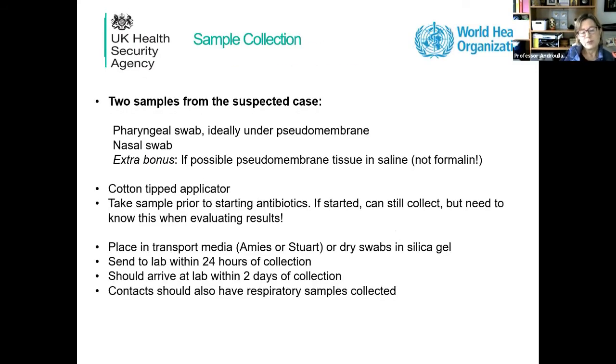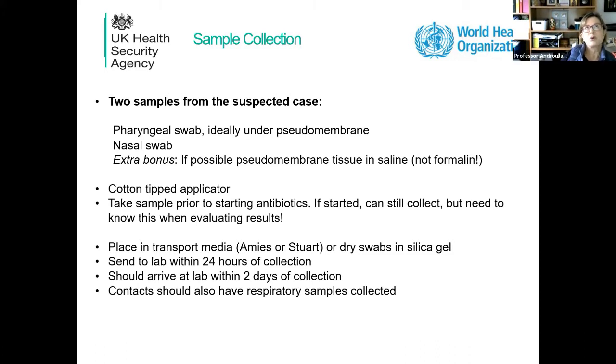If we start from a suspected clinical case, normally 2 samples are collected from the case: a pharyngeal swab, ideally under the pseudomembrane if possible, and a nasal swab. And if possible, if a piece of the pseudomembrane tissue can be obtained, this is then placed into saline.